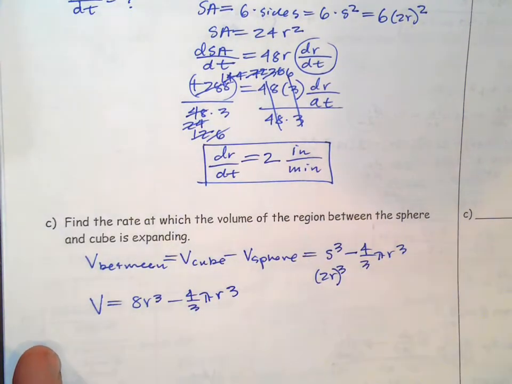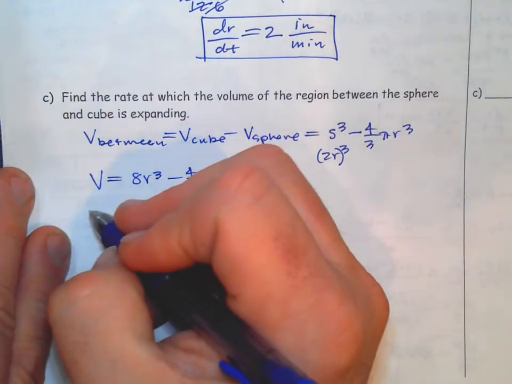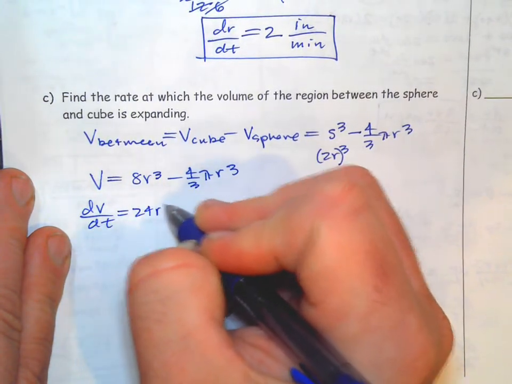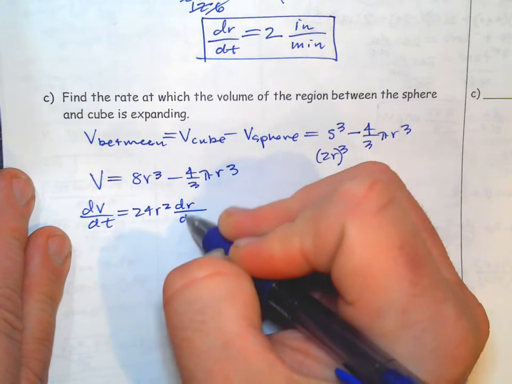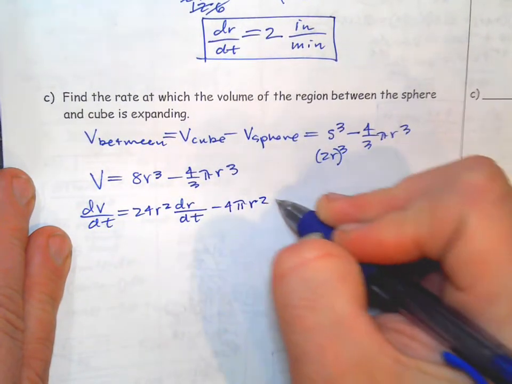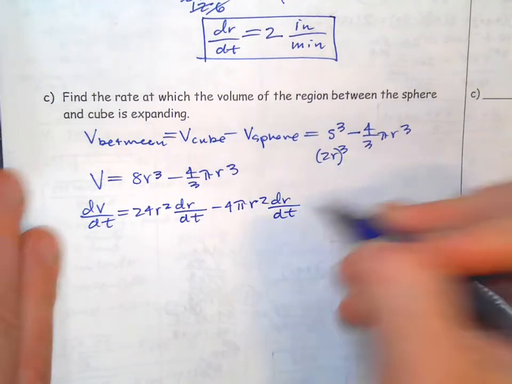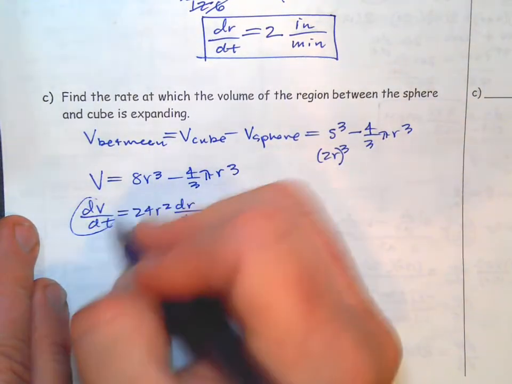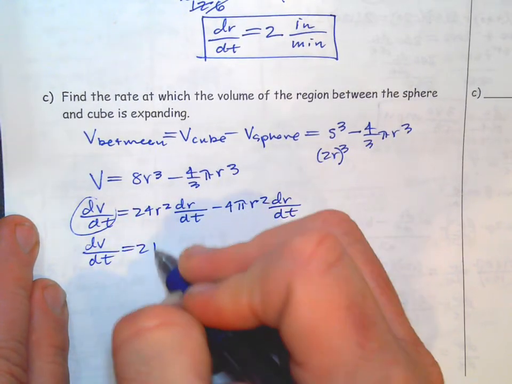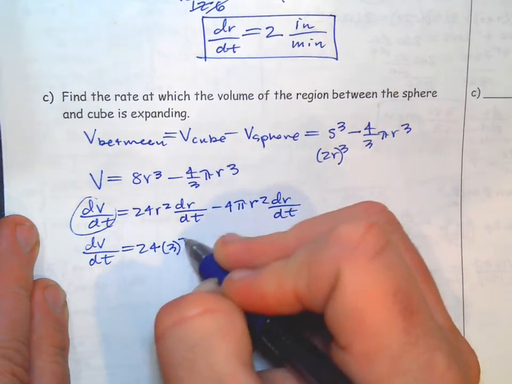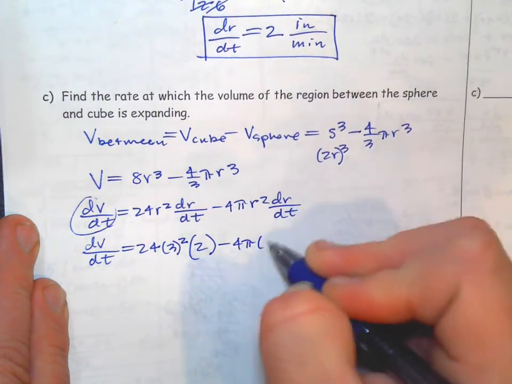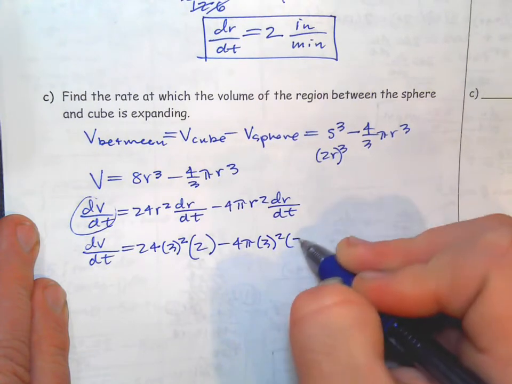We're going to take the derivative of that with respect to time implicitly. So we get 24r squared dr/dt minus 4 pi r squared dr/dt. This is what we're looking for. So let's see what we got. The radius is 3, and dr/dt we just found was 2.